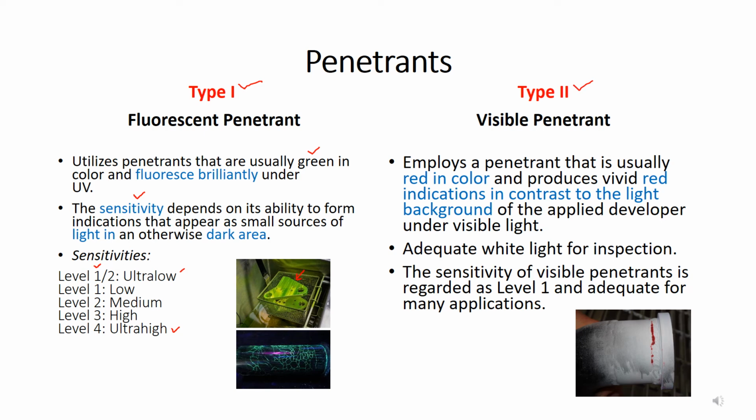They are generally red in color, and because of the red color we choose the developer color as a very light color so that a good contrast is created, and due to that contrast the penetrant is clearly visible under normal light. Adequate white light is used for the inspection, and its sensitivity is generally regarded as level 1, and it is adequate for many applications. Here you can see this white developer, and on this white developer you can see this red color dye, and this marks the location of the cracks.